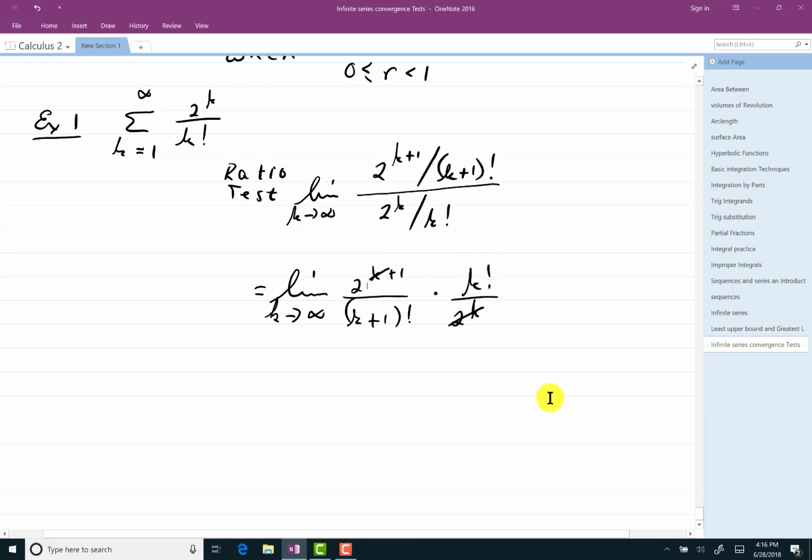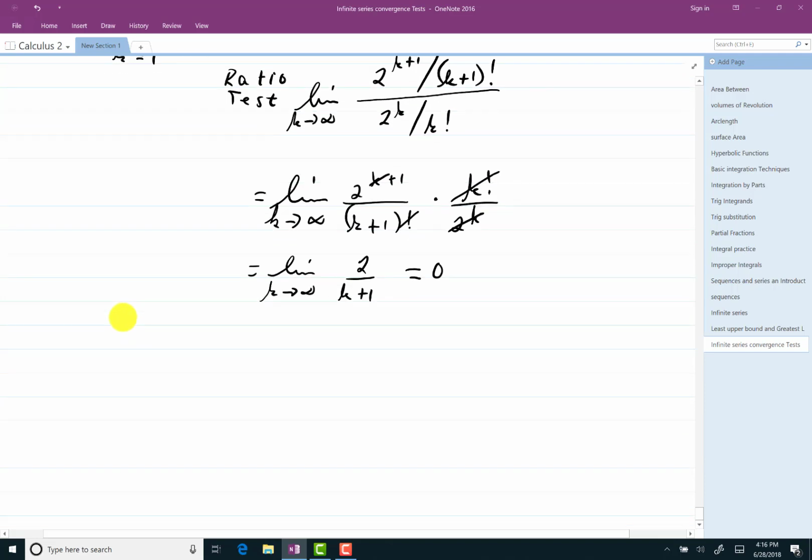Down here, I can take out all the k factorial, and it will take out all the terms before k plus 1. So I'm looking at the limit as k goes to infinity of 2 over k plus 1, which does equal 0. So the series converges. And that's by the ratio test.